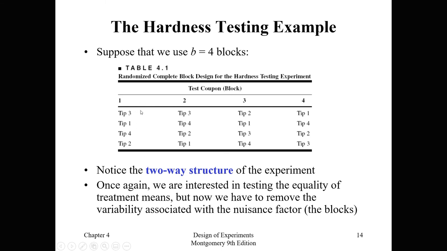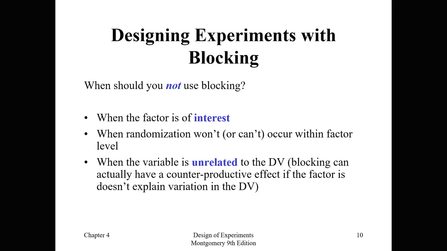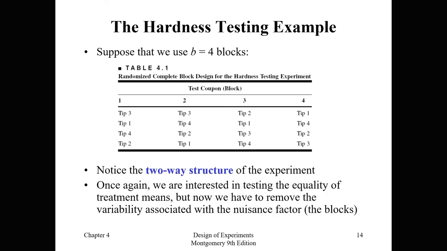So if we wanted to structure this based on data, I might have the blocks, block 1, block 2, block 3, block 4 as each of the rows, and then the tips, tip 1, tip 2, tip 3, tip 4 as each of the columns, and then I would enter my data into that as appropriate. But if we did it that way, that wouldn't demonstrate the random order that this should be run in. So this is a great way to demonstrate the order in which we're running our experiment.